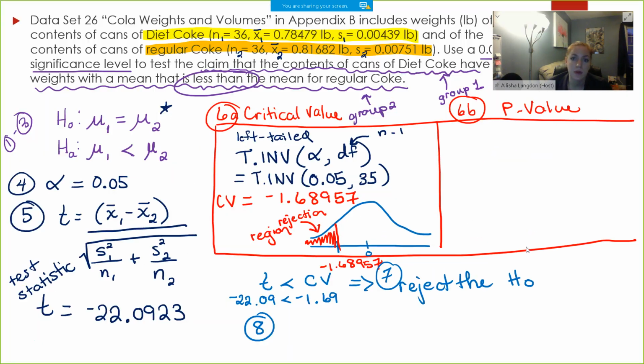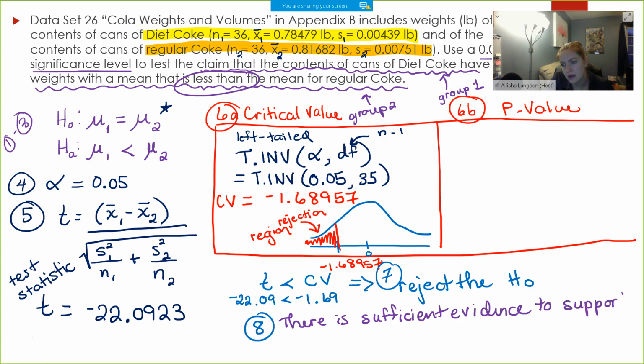So we conclude by saying, this is the part that I hate writing out. I'm sure you guys do too. There is sufficient evidence to support the claim that, and what's our claim? Let's go back.